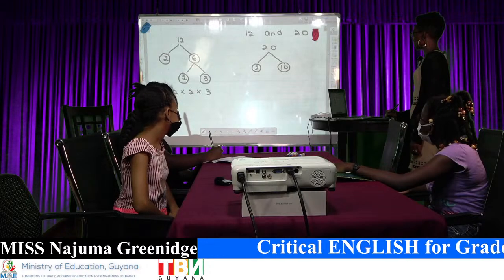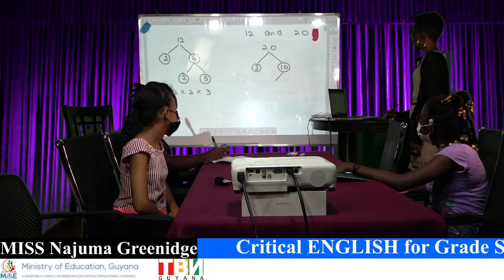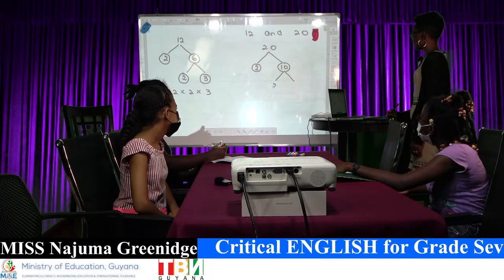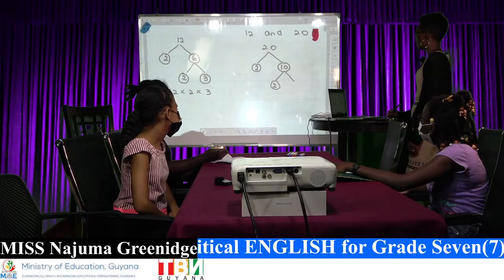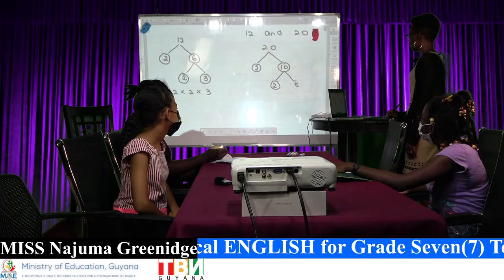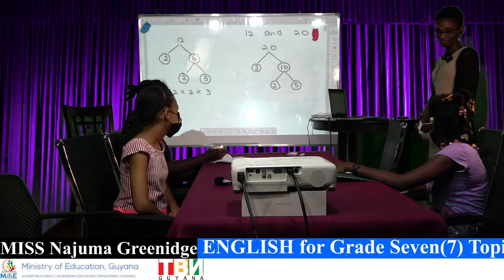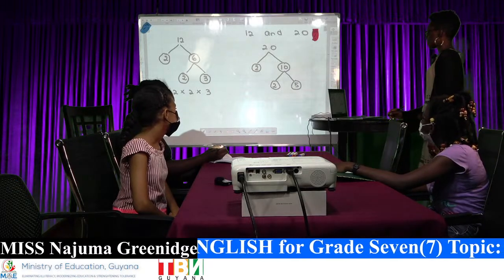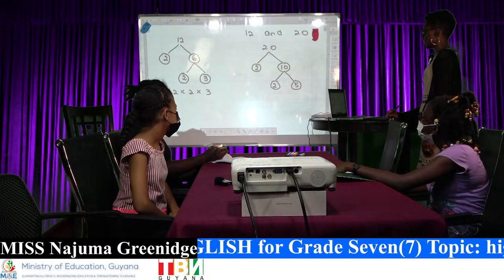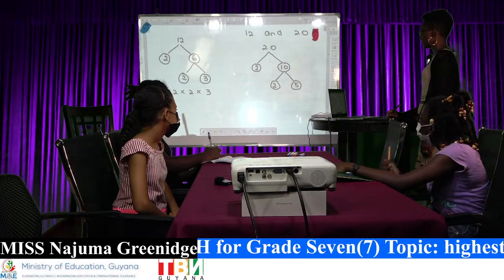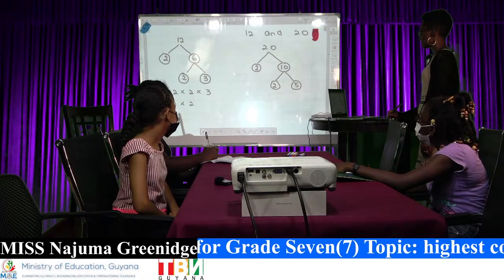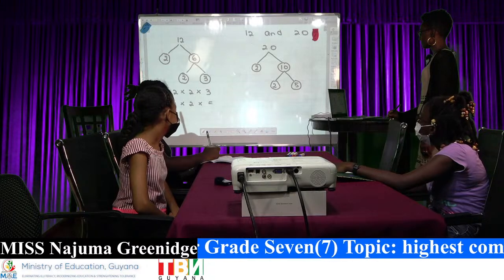So we need to break down 10. 10 is also even, so we start off with 2. 2 times what will give us 10? 2 times 5. 5 is also a prime factor, right? So therefore, 20 equals 2 times 2 times 5.